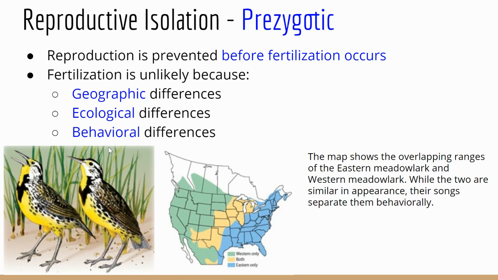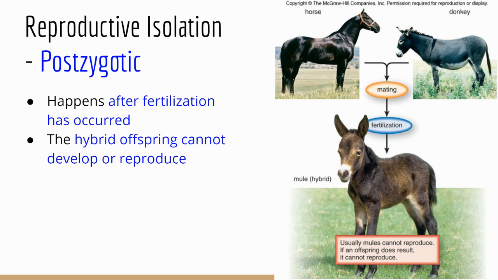And so, this bird's only going to mate with birds who have its same song, and this bird's only going to mate with ones that have its same song, and they wouldn't mate with each other because even though they look alike and they're from the same species, they don't have the same song. And so that's before fertilization would even occur, they're not going to get together due to the difference in their songs. That's prezygotic reproductive isolation if it occurs before fertilization might happen.